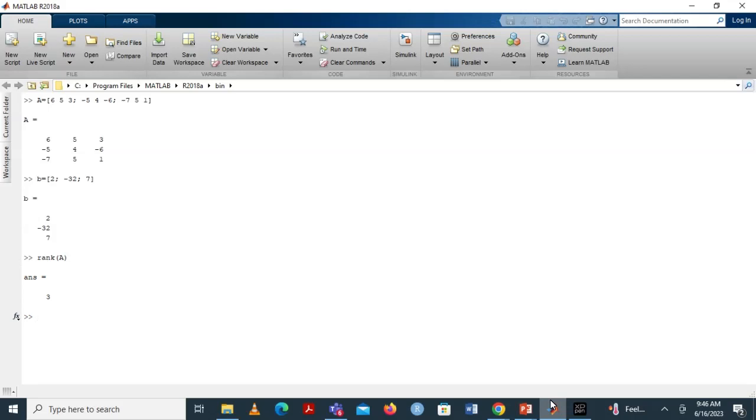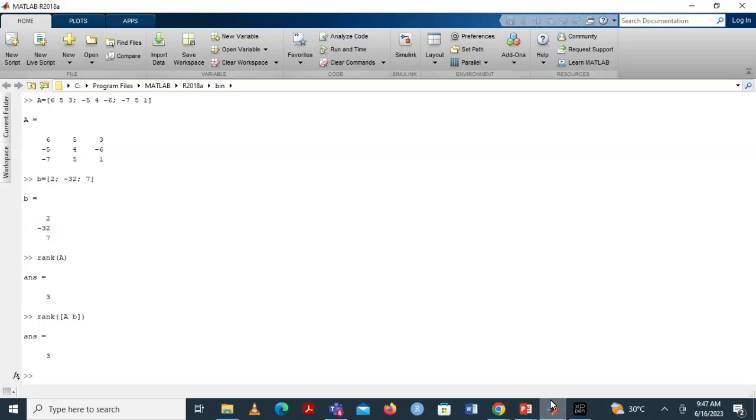So now let's find the rank of A and B. So rank, then open a square bracket to find the matrix A and B. So you close the square bracket and you close the other bracket. So we press enter and we are getting the rank to be 3. So it means there is a match.